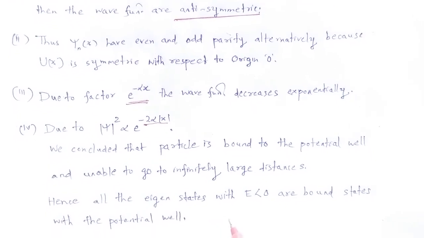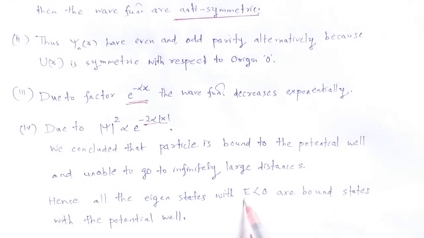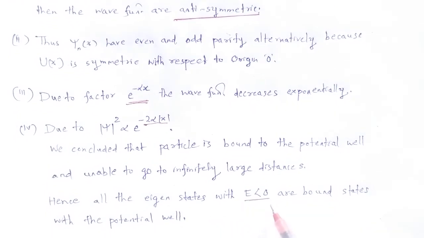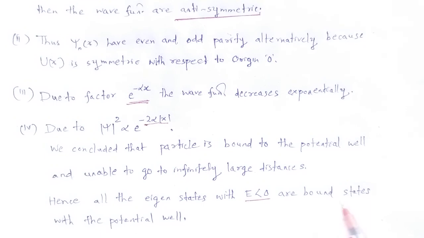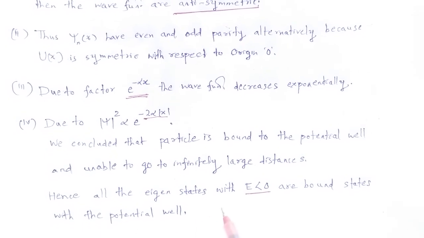Hence, all the eigenstates when E is less than 0, that is when the energy of the particle is less than 0, are bound states within the potential well. These are the 4 conclusions drawn from these mathematical treatments for the bound state in the case of a particle in a square potential.